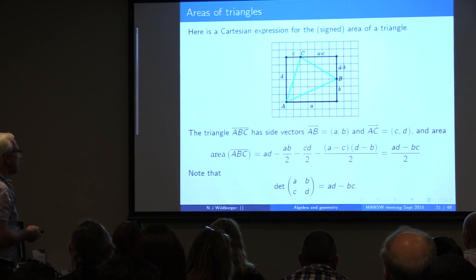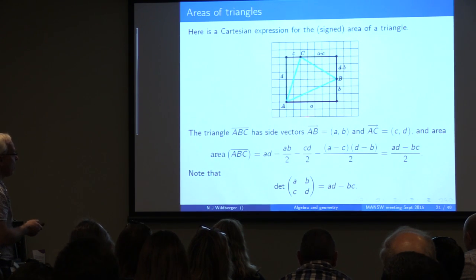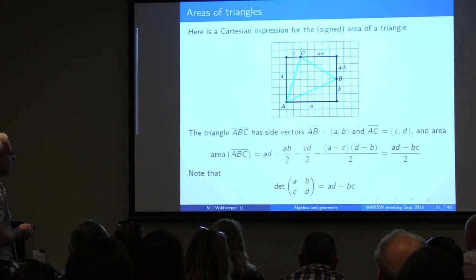And that's closely connected to a lovely formula for the area of a triangle. So here is a triangle in the Cartesian plane with A here, B here, D here, C here. So this is the vector AB. This is the vector CD.